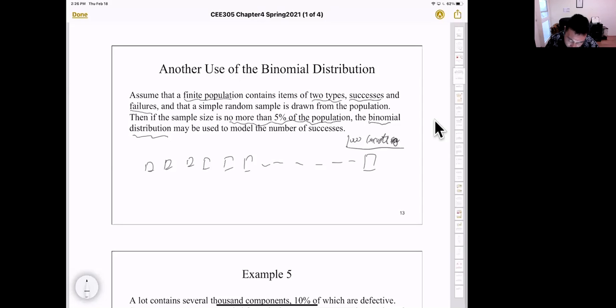If we take a sample, and the sample size is less than 5% of the population, so 5% times 1,000, that is 50. So if we take fewer than 50 concrete samples, then we can use the binomial distribution to predict how many of these samples are corroded or not.